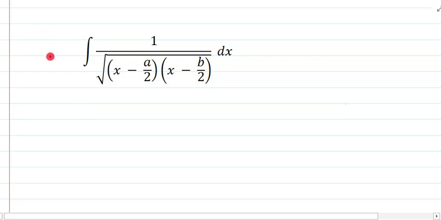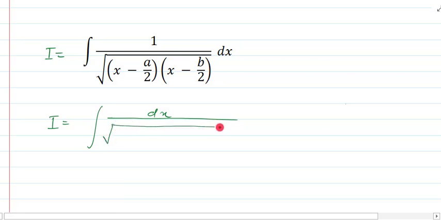So the first is, let us consider this equal to I. So I is equal to dx upon square root of x square minus x into (a upon 2 plus b upon 2) plus ab upon 4, multiplying the two terms in the denominator.